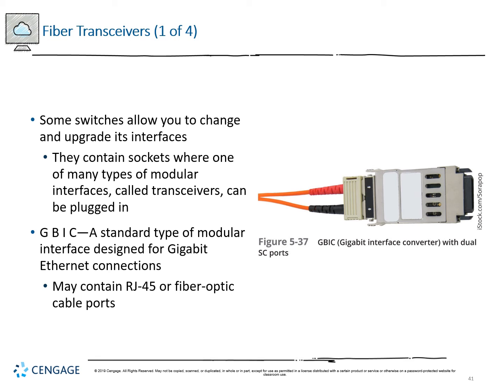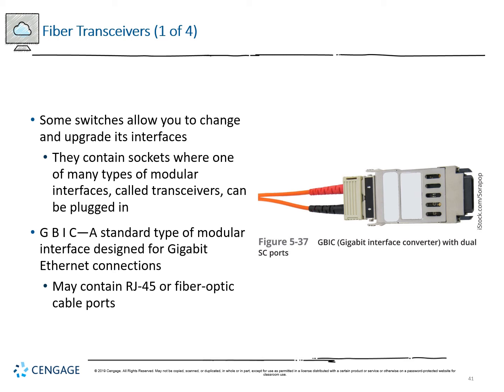Some switches actually allow you to change and upgrade their interfaces, and back in the day when they started migrating from copper to fiber, they would include sockets called transceivers. These were modular interfaces you could plug in to go from a standard, what was called a 10 base 10 or 10 base 100 connection up to a gigabit connection, so you could move up to 1,000 megabits per second.